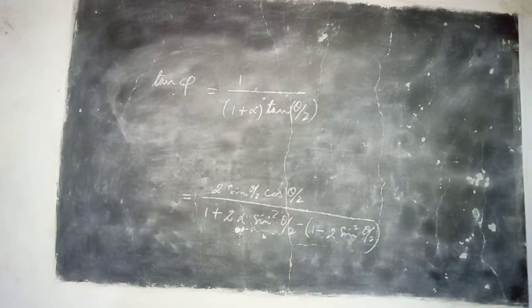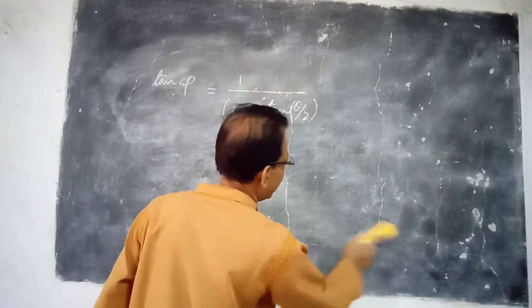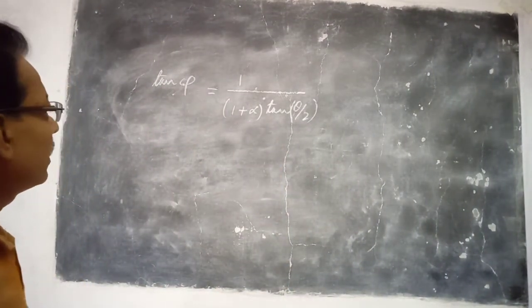This is the relation between phi and theta. If we know the angle of scattering, you can find the angle of recoil.